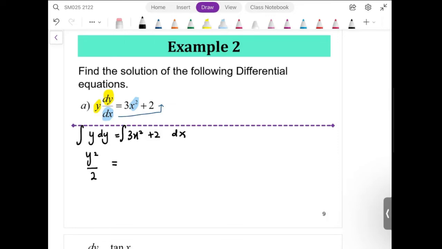So first one 3x squared, we integrate, we get 3x cubed over 3. Nak terus jadi x cube pun boleh. And then integrate 2, we get 2x plus c. Jangan lupa. Okay, for this thing, tak payah plus c on both side. Plus c satu side je cukup. And normally we put plus c on our right side lah. Bahagian yang x tu je kita letak plus c. Y tak payah letak plus c.